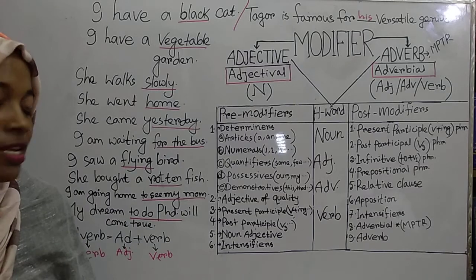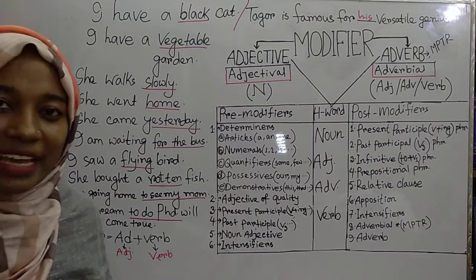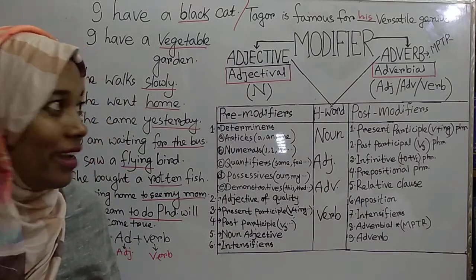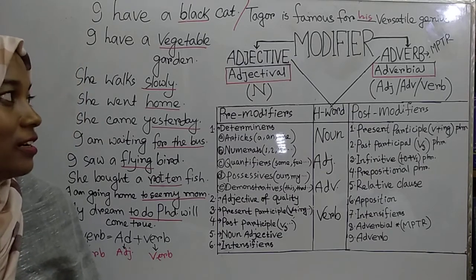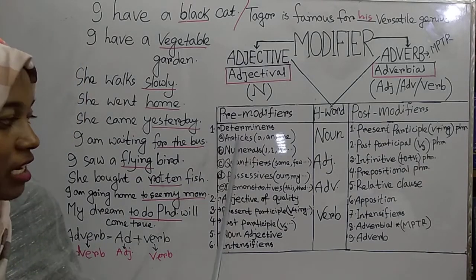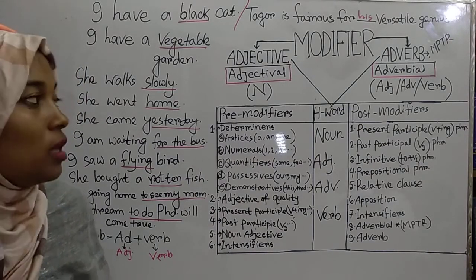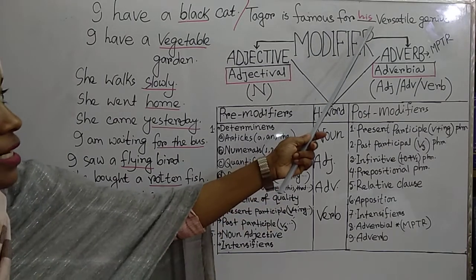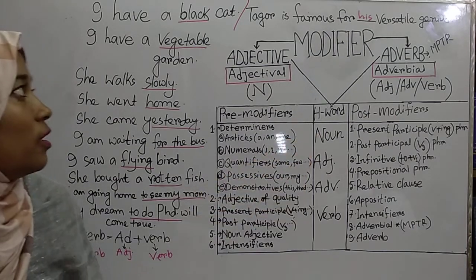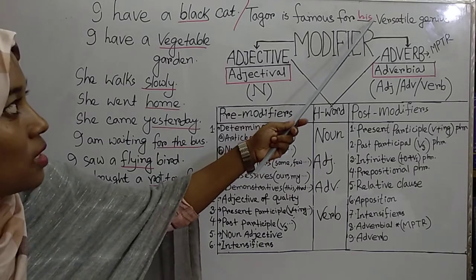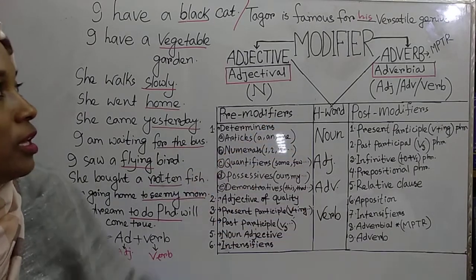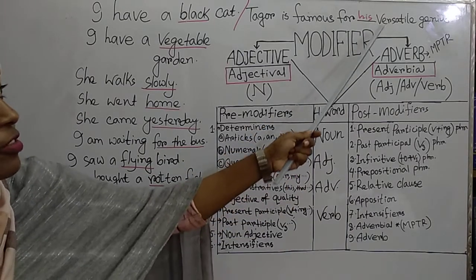First of all, they are determiners. Secondly, they are adjectives. And thirdly, they are possessives. Here, the answer is "his", and here it has been used as the pre-modifier of the noun.